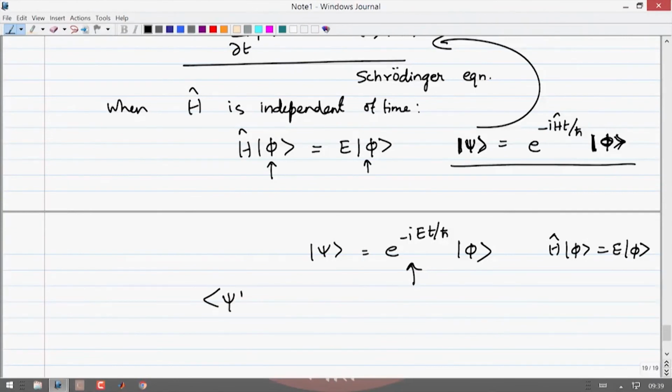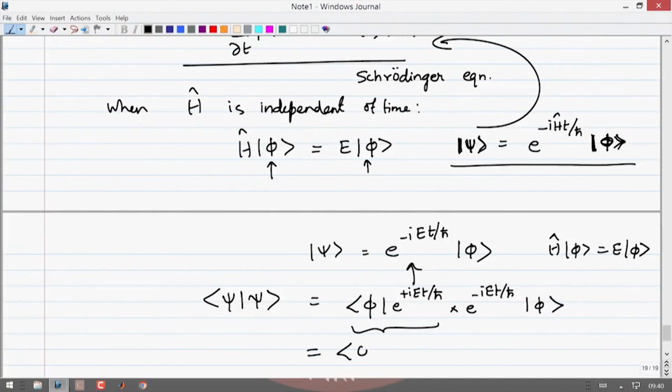However, if you calculate the probability density or the normalization factor for psi, you will see that the bra is e to the plus i E t by h bar, because this is a complex conjugate. And then the ket state is e to the minus i E t by h bar phi, and so you can see that this is nothing but phi star phi. Therefore, for time independent Hamiltonians, the probability density and the normalization factor do not depend on time.